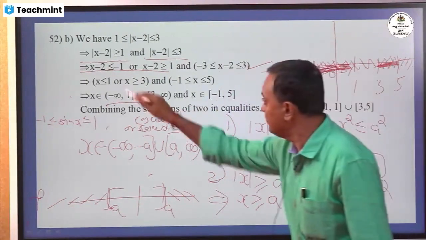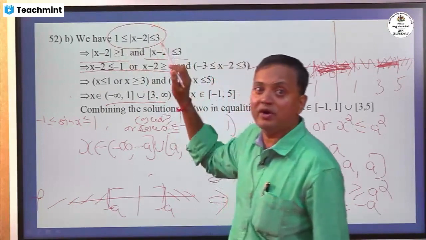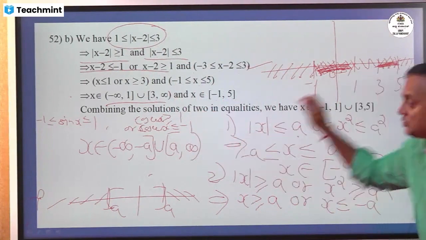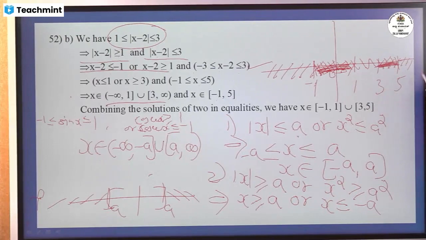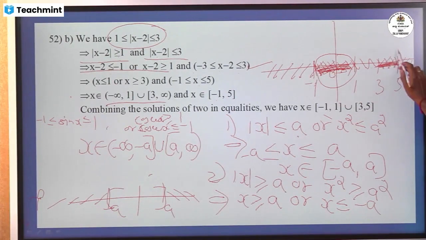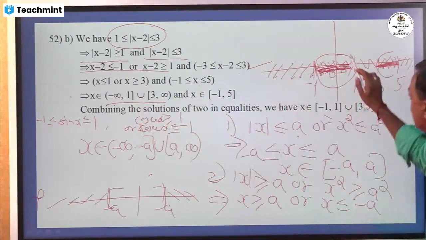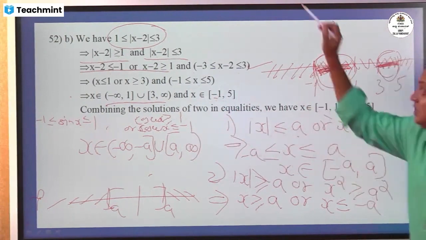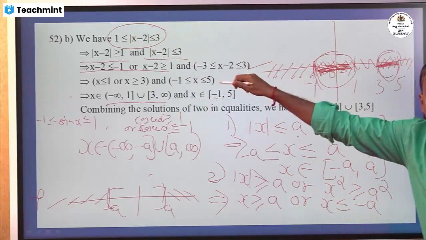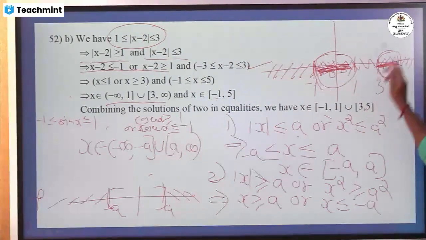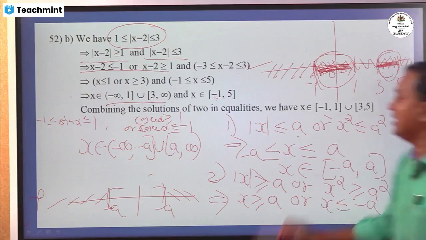So when we combine these two, the x values that satisfy this inequality are the closed interval minus 1 to 1, because all have the equal symbol, so closed interval minus 1 to 1 union 3 to infinity, correct? So this is an important concept in inequality that you must know. This is the common region, satisfying both inequalities. So combining these two solutions of the two inequalities, in the given inequality the value of x belongs to the closed interval minus 1 to 1 union, not plus, union 3 to infinity. So the answer is B.